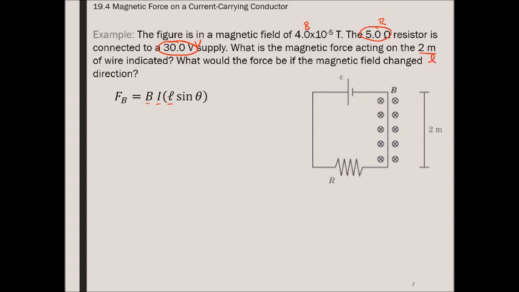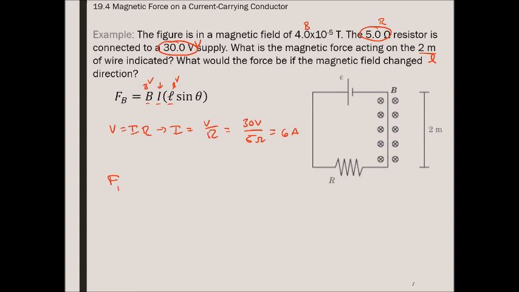So that's my length. Now we need the current. We found B, check. We have the length, check. We don't have the current, but we're given voltage and resistance, so we're going to use Ohm's law to find the current. The current is V over R, so 30 volts over 5 ohms gives us 6 amps.